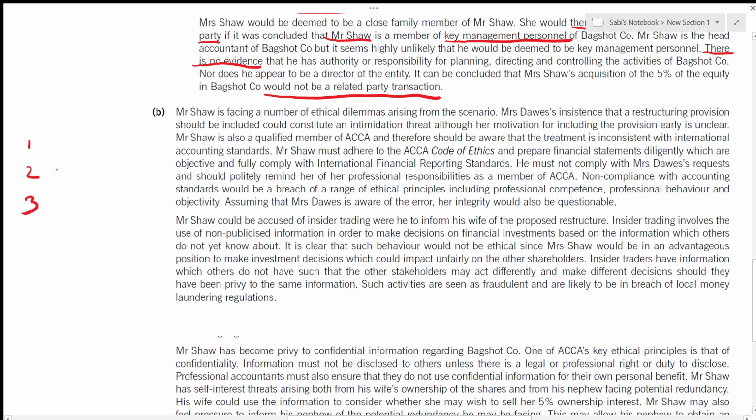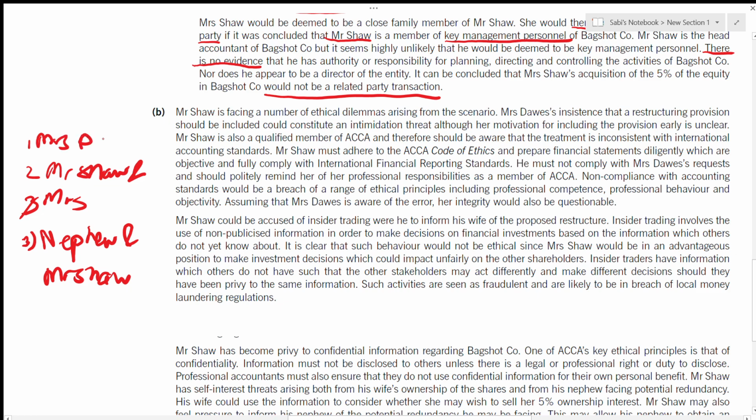One is the husband and wife, right? Mr. Shaw and Mrs. Shaw. That is one thing. The other one is the nephew, nephew and Mr. Shaw. And the first one is about Mrs. Davis, right? And Mr. Shaw.